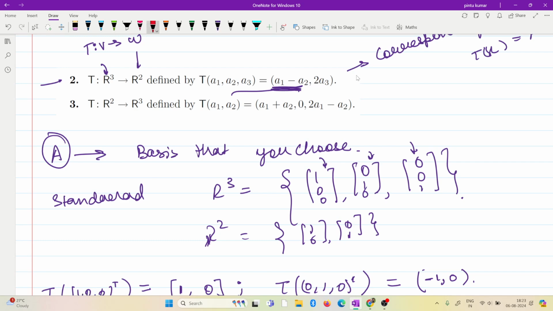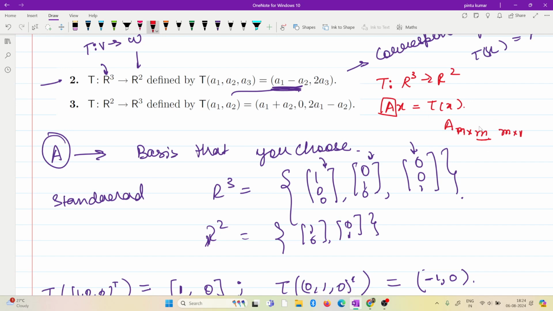Now tell me one thing. If you have a linear transformation from R3 to R2, what you want is that your Ax should be equal to T of x. So what should be the size of A that you should choose? Let's say the size of A is n cross m, and this m should match the dimension of x, because x should be m cross 1, then only this multiplication is well defined.